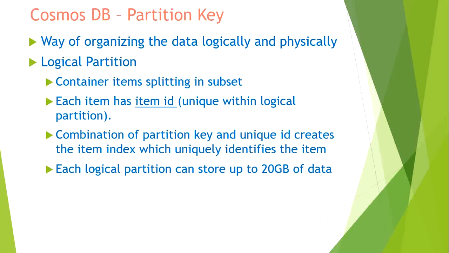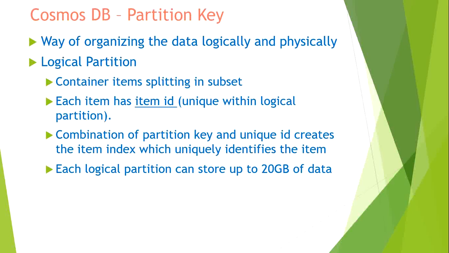So for each logical partition that we are creating, let's suppose we have 20 partitions, each partition can contain up to 20 GB of data. Now the question is, what happens if the data in any partition increases beyond 20 GB? In that case, it will start giving an error.